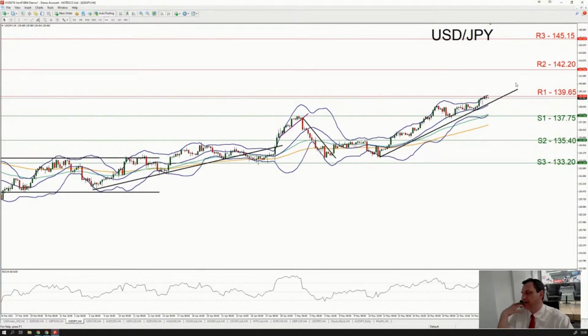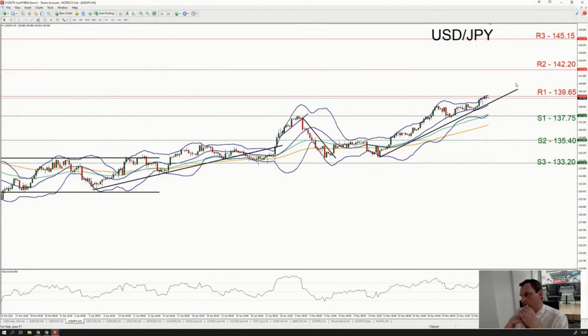Should the pair stabilize though and remain below the R1, and the 139.65 resistance line seems to have the possibility of actually doing that, then we may see the price action remaining in a sideways motion, which would be signaled if the upward trend line was broken.